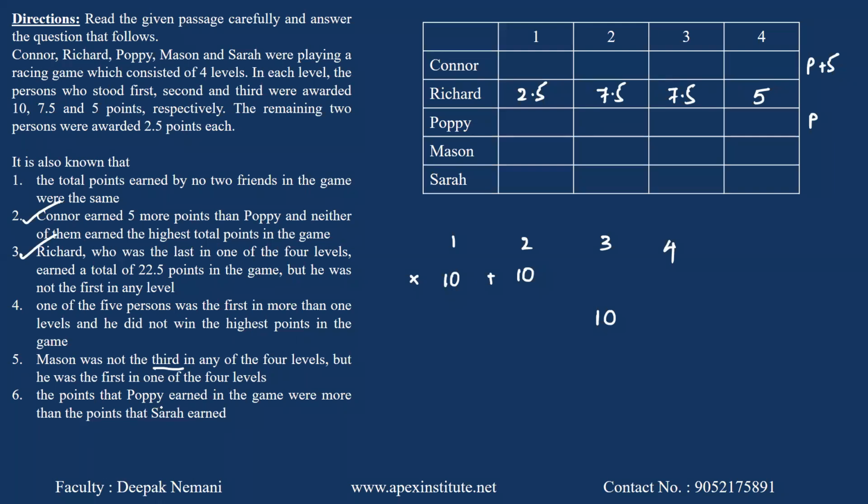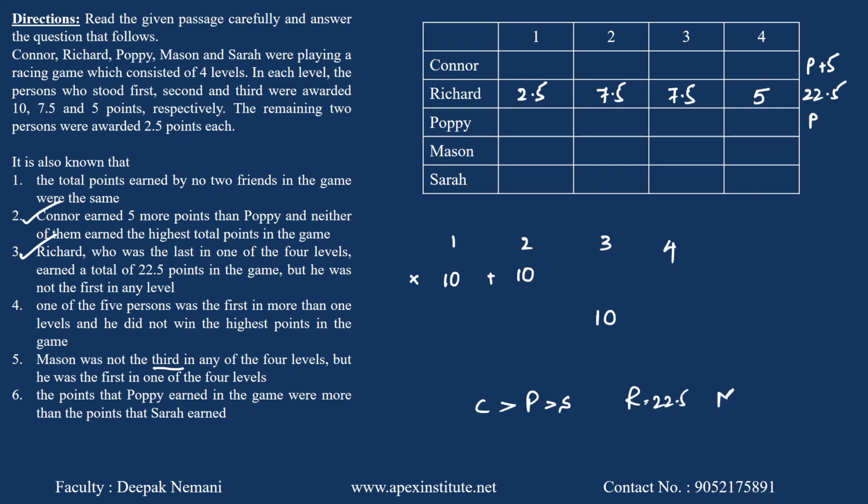Now the points that Poppy earned in the game were more than the points that Sarah earned. Richard's score is 22.5. Poppy's score is more than Sarah's, and Connor's score is more than Poppy's.